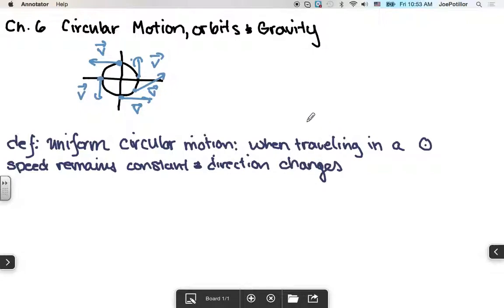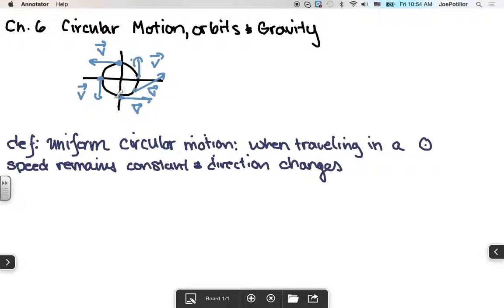So you need to keep in mind that the velocity is not constant in uniform circular motion. Why? Because the direction is changing. Although one aspect is being held the same, in this case the angle is changing all throughout the circle.